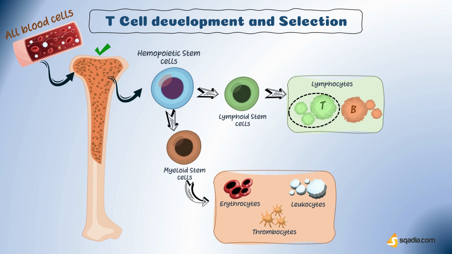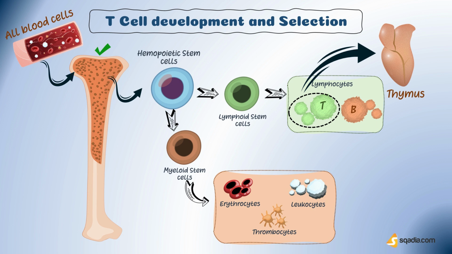Although their production site is mainly the bone marrow, the T-lymphocytes are mainly generated and developed in a very important primary lymphatic organ, known as the thymus. And this T-cell development within the thymus is a multi-step process that we will look at in detail in this video. During this development, T-cell selection also takes place within the thymus, and so is named thymic selection of T-cells.